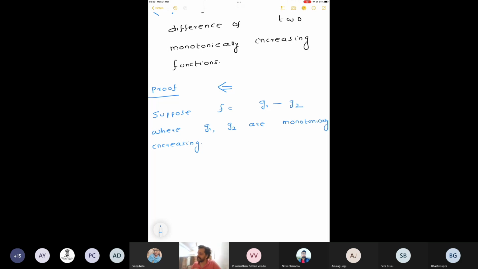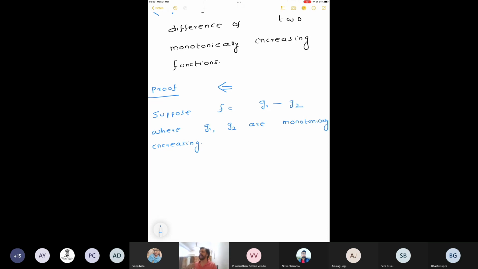Which is that class? Can somebody remind me? Monotonic functions. Monotonic functions are of bounded variation. Therefore, if g1 and g2 are monotonically increasing, definitely they are of bounded variation. Next, we have seen the class of bounded variation functions is well behaved.